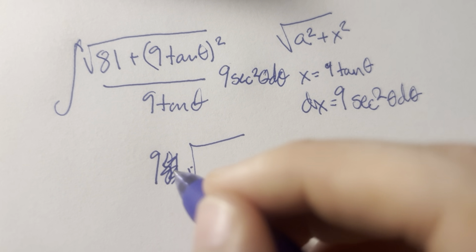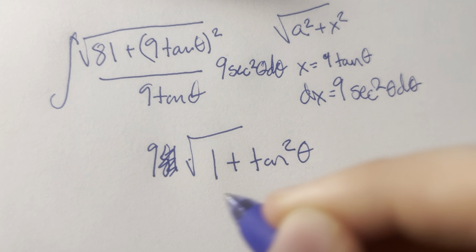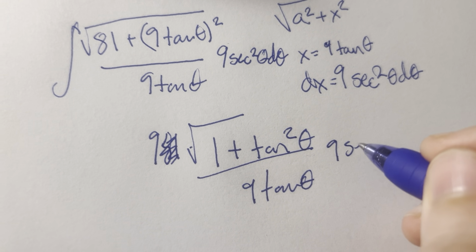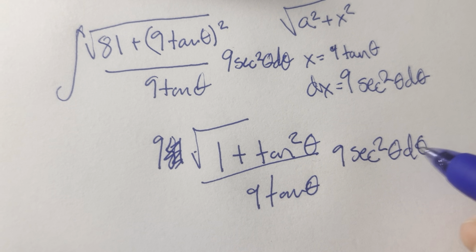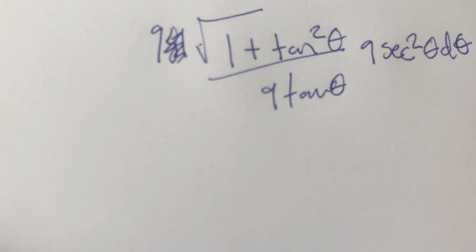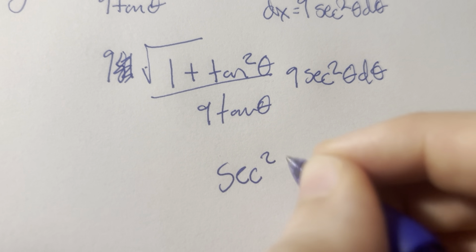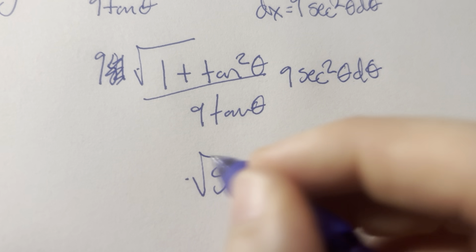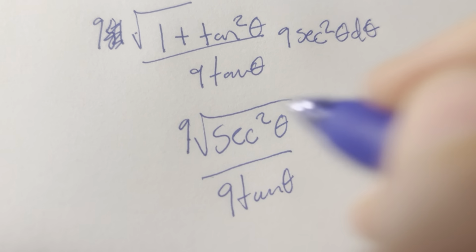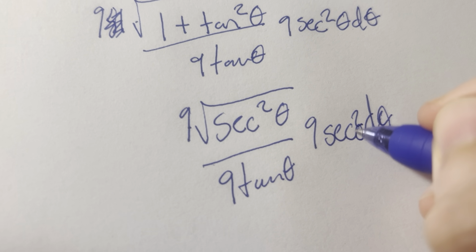Since we're taking it out of a square root, we have to square root it ourselves: 1 plus tan squared theta, times 9 secant squared theta d theta. Since 1 plus tan squared theta is an identity, we can replace this with secant squared theta, over 9 tan theta, times 9 secant squared theta d theta.